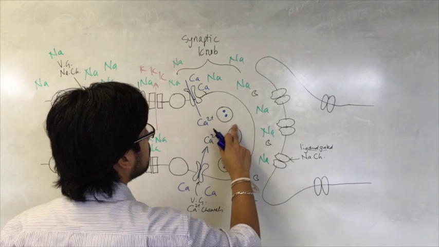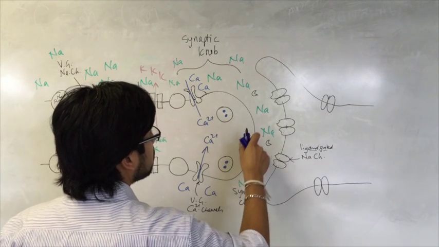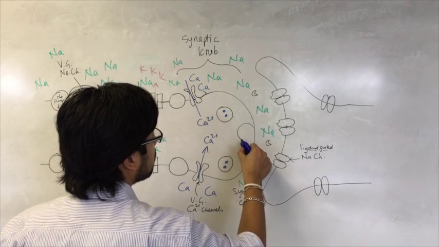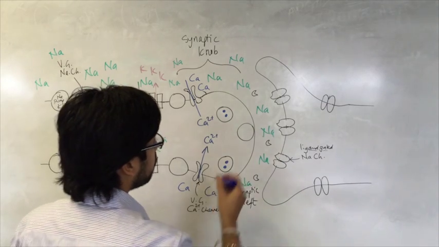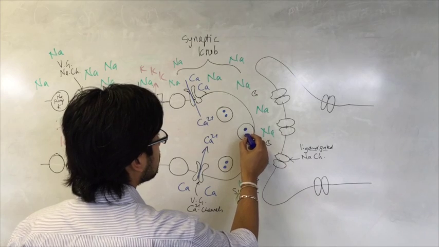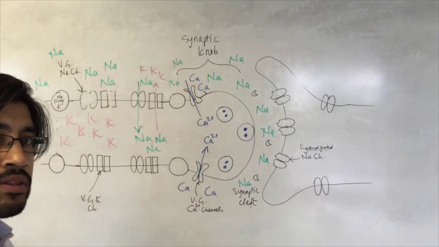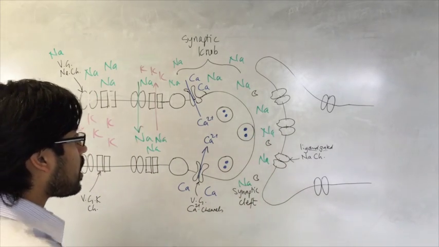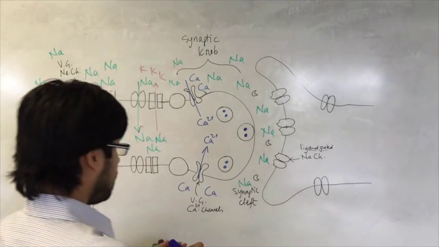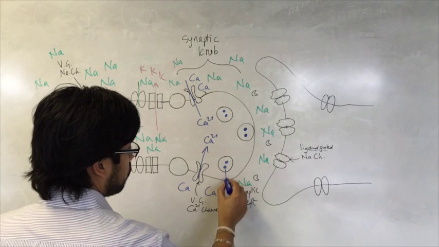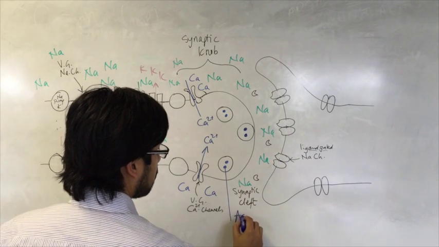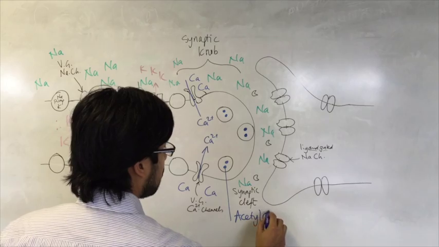All right, so maybe I'll draw one of them getting very close to the membrane, like so. And within those vesicles is a neurotransmitter, okay? And that neurotransmitter is called, you see that? Acetylcholine.